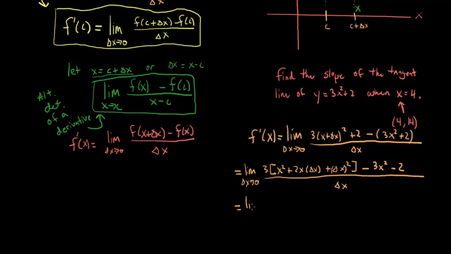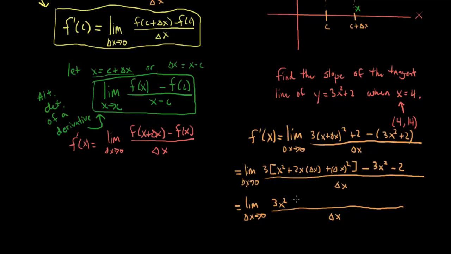Equals the limit as delta x approaches 0. Big long fraction again. Delta x is still there on the denominator. We have 3x squared.